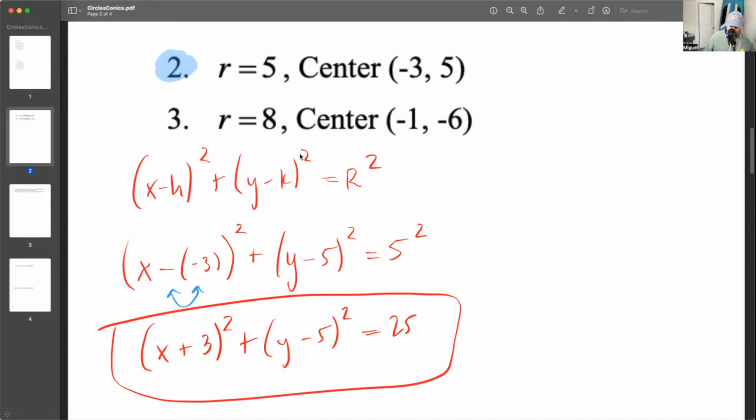So this is just something to be aware of: when you see x plus 3 or y plus 5 or y plus 7, whatever it might be, whenever you see it with a plus, that means that our center was moving to the left or down, depending on which parentheses it is in.